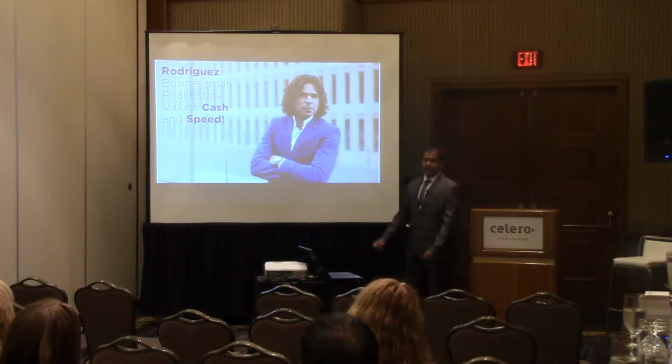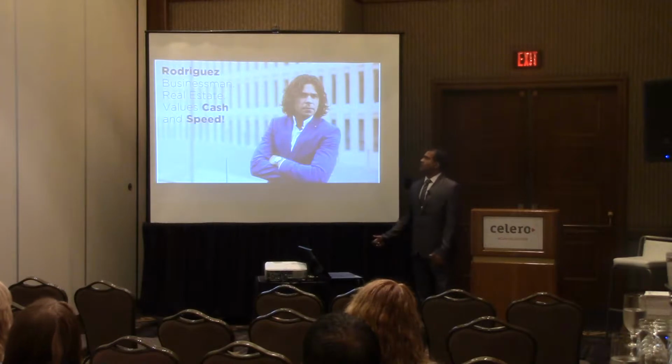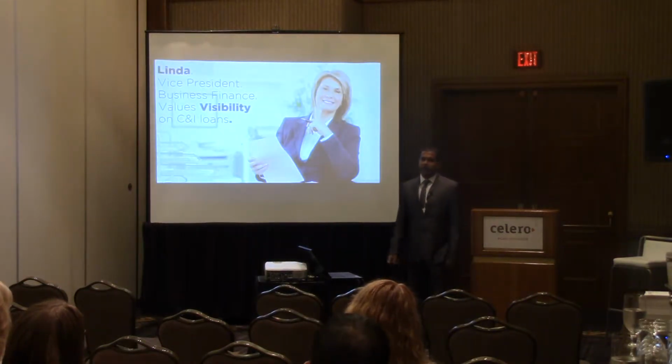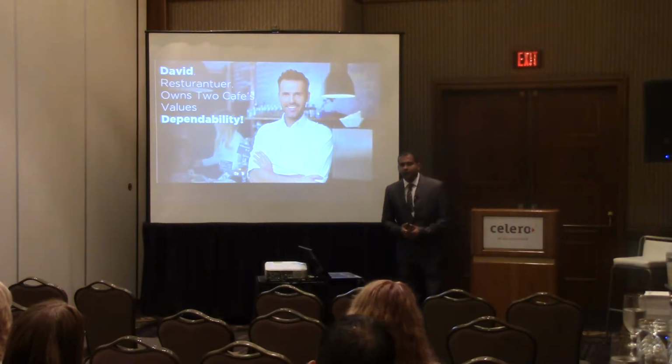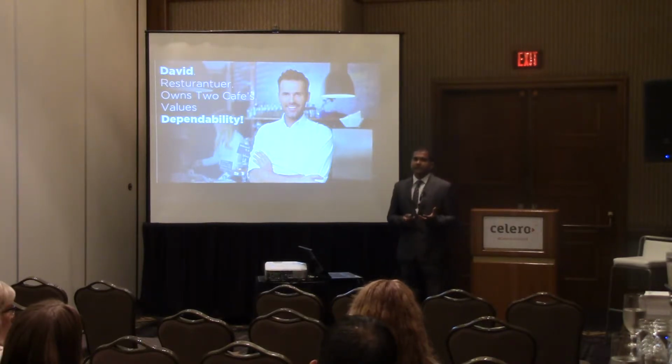These are the major characters. He's Rodriguez, and we'll call him Rod. He's a businessman, a real estate person who values cash and speed. The second character in the story is Linda. She's VP, Business Finance, and she values visibility. Another person, David, is looking for a loan, and the major attribute he's looking for is dependability.